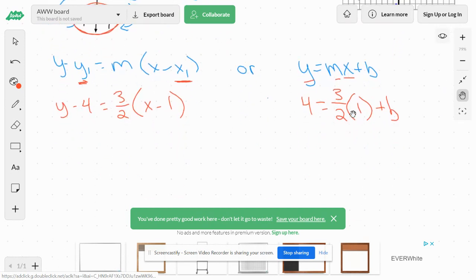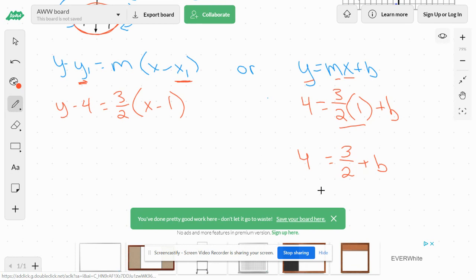I think the slope-intercept form is actually probably a little easier. Because right here, this 3/2 times 1 is just 3/2. So I'm basically saying 3/2 plus something is going to give me 4. Well, 3/2 is 1.5. So 3/2 or 1.5 plus what would give me 4.